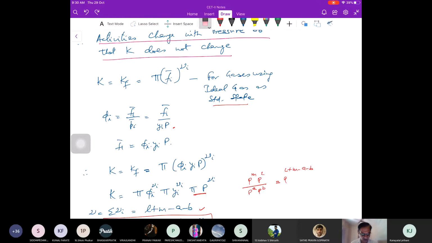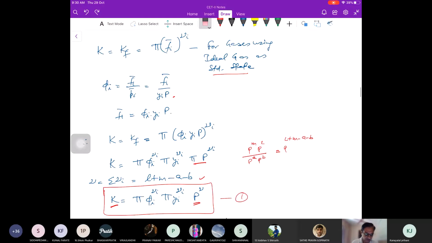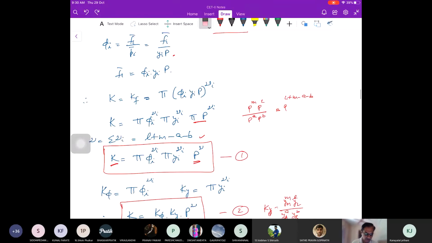So f i bar is equal to phi i into y i into P. If we substitute in the above equation, we get K is equal to the product of phi i P raised to the power of nu i in place of f i bar. We can split this and we get K is equal to the product of phi i bar raised to the power of nu i, the product of y i raised to the power of nu i, and the product of P raised to the power of nu i.